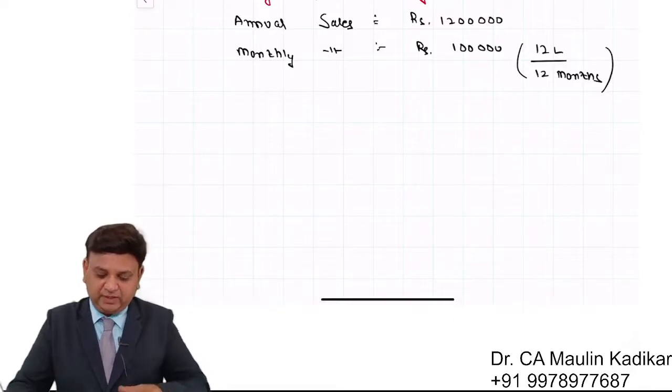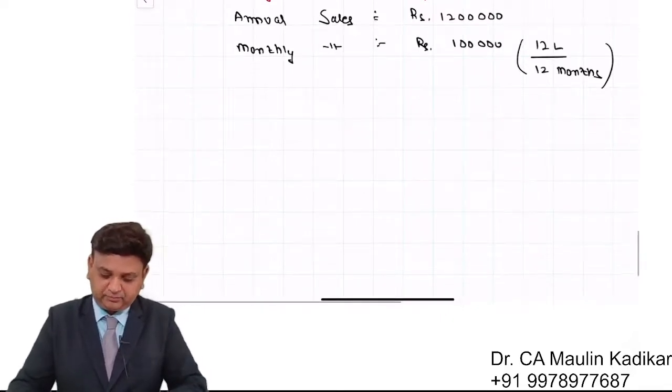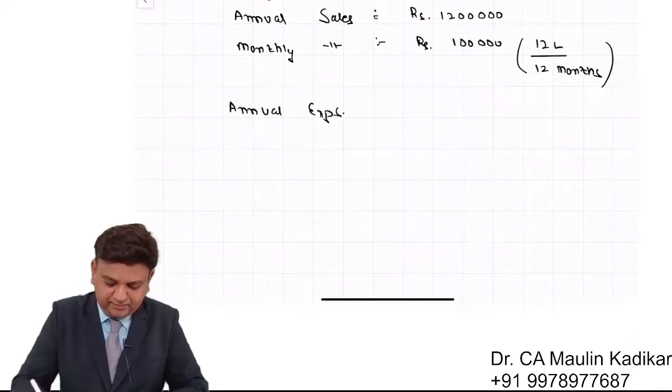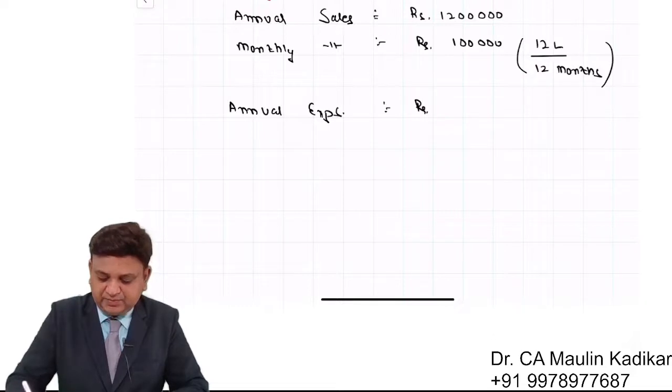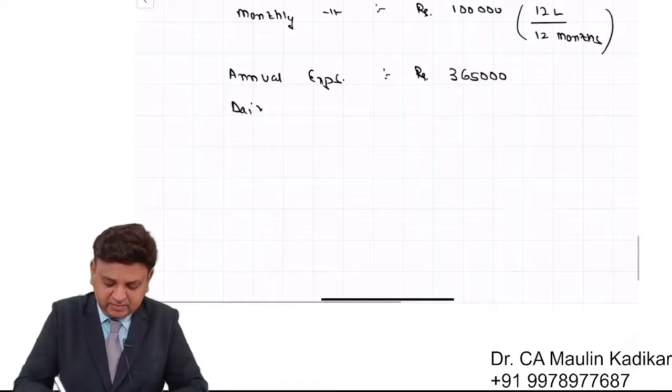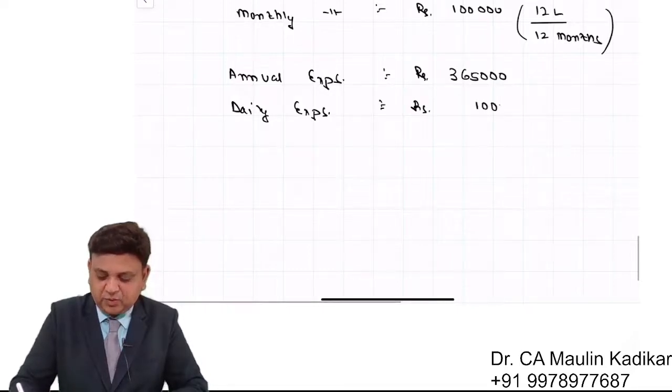Listen to me carefully about what I am going to say further. Suppose the annual expense of the company is rupees 3,65,000. Then the assumption is made that daily expense will be rupees 1,000.